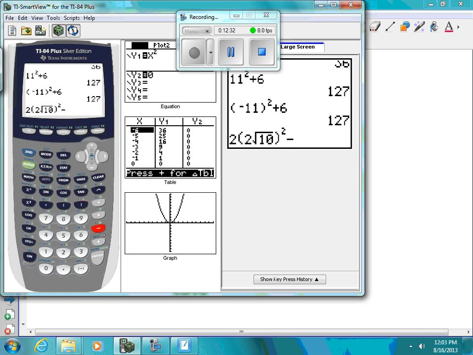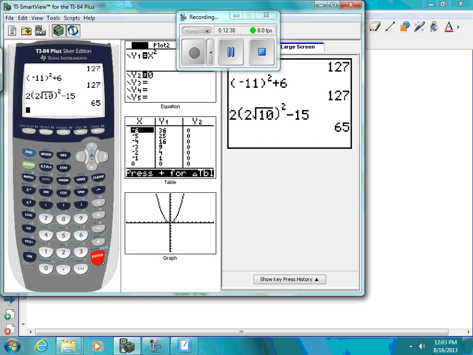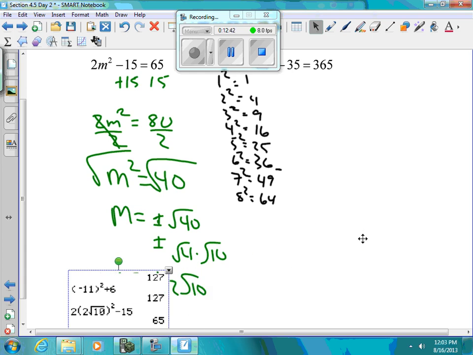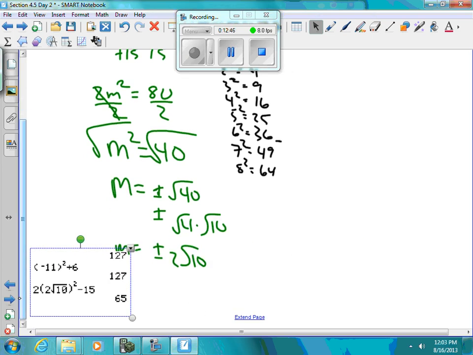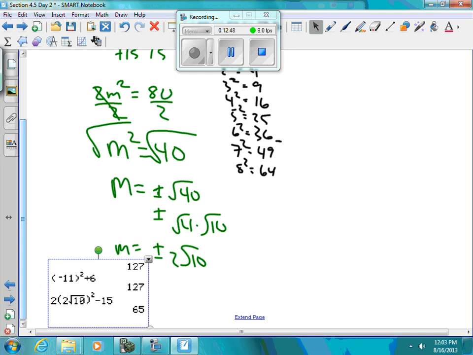Minus 15. If I get 65, we're good. Enter. We get 65. So you can plug it in to check, and then of course you would check negative. But the negative, hopefully we're seeing the pattern, it will work out. Okay? So that's our check. See how that calculator can be your friend for checking real fast?